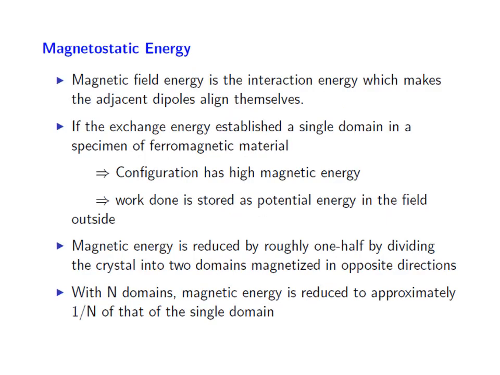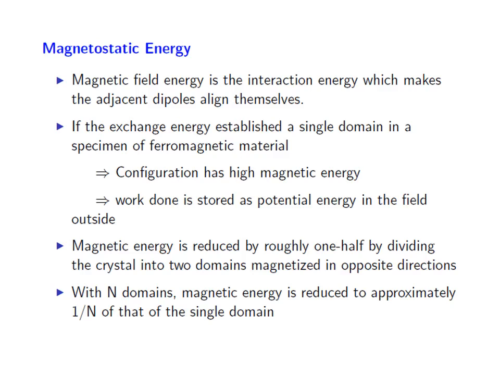If the exchange energy established a single domain in a specimen of a ferromagnetic material, then the work done is stored as potential energy in the field outside. For example, we can see this kind of magnetic field around a bar magnet.